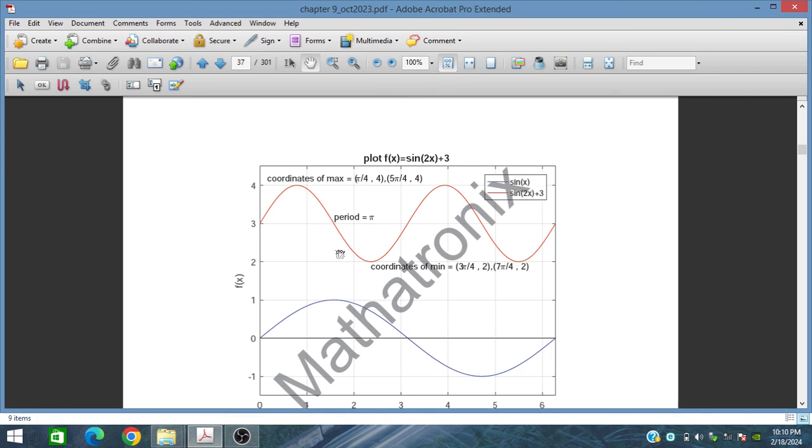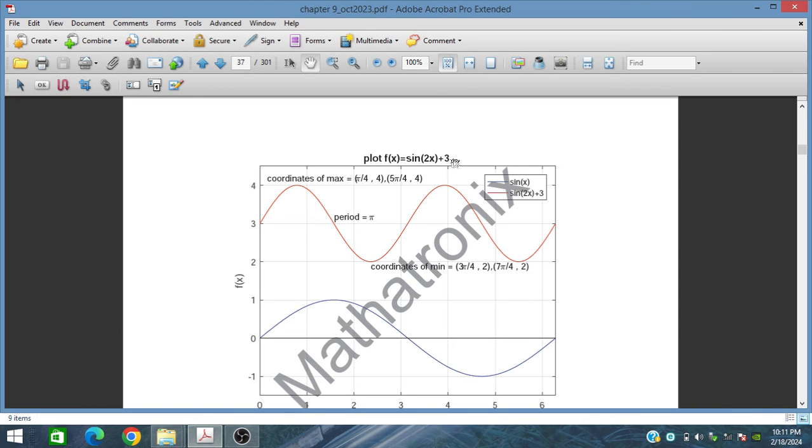So here we have sine 2x plus 3. We have to plot this. This is simple sine x, and if we double, then it becomes a double signal like this. If we plot this and add 3, we will shift from here to here.